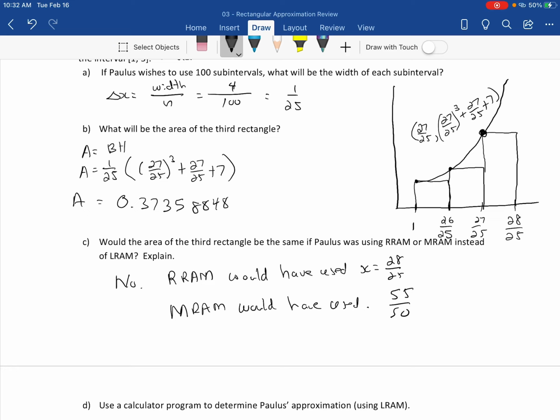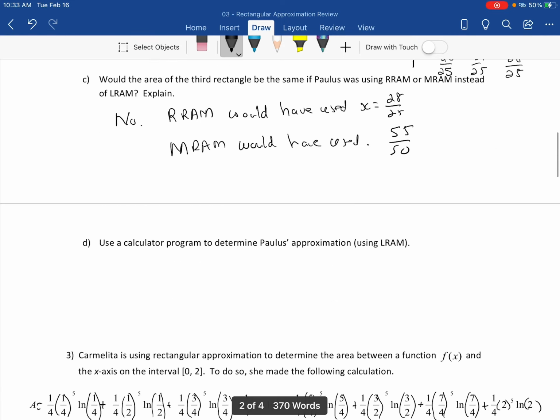So it really does depend on whether you're using LRAM, MRAM, or RRAM what you get for the value there. Like for the first rectangle, we would have used 26, then we would have used 27, then we would have used 28. So some of the same rectangles appear, but they appear at different times, and that's how you get underestimates versus overestimates.